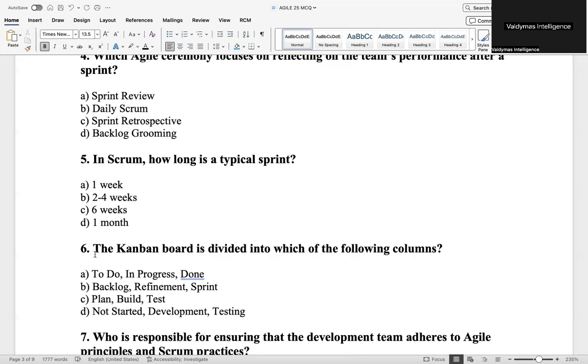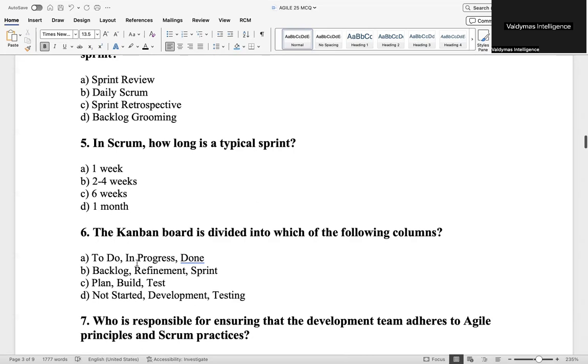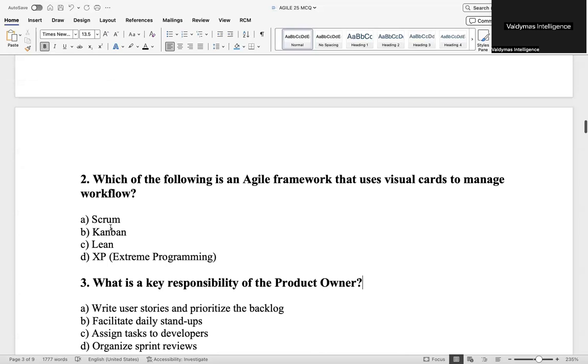Then number 6, what's your answer? The Kanban board is divided into which of the following columns? To do, in progress, done, backlog, plan, build, test, not started, development. To do, in progress, done. We spoke about it when we were talking about Kanban.